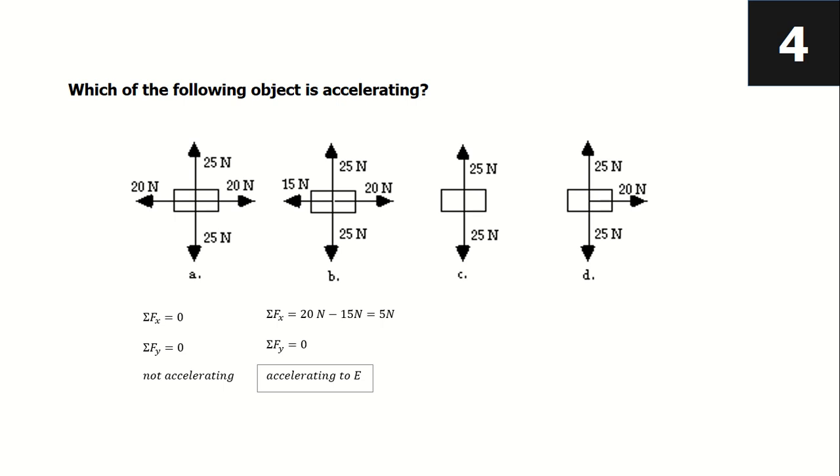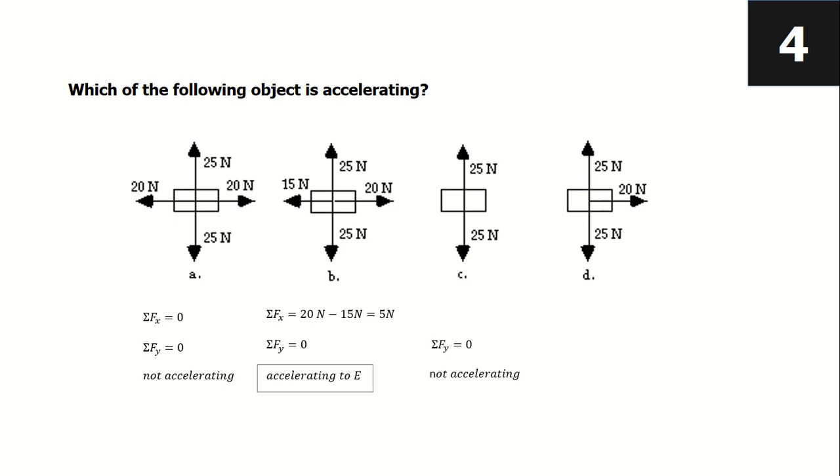When we sum the forces along the x, 20 newtons minus 15 newtons will be 5 newtons. That's our unbalanced force. Since an unbalanced force is present, the object will be accelerating, particularly to the right or to the direction of the east.